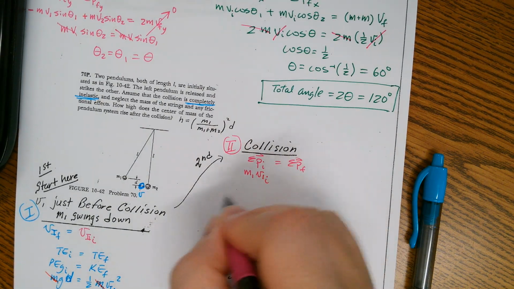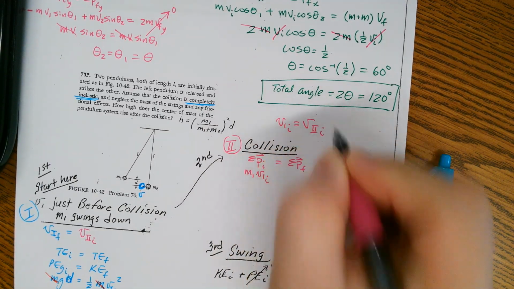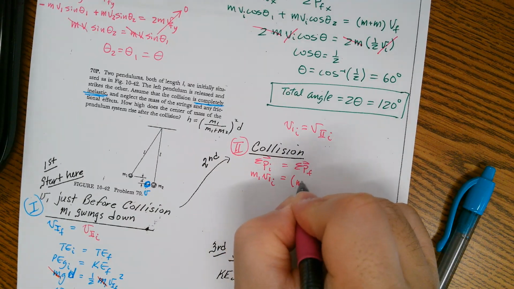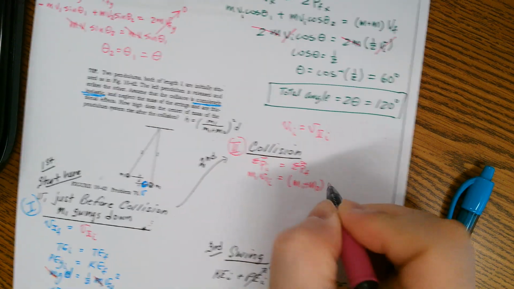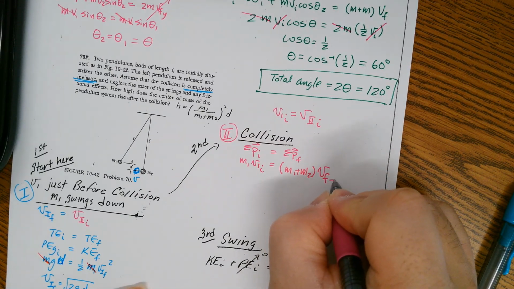This v1 initial is equal to v phase 2 initial, they're the same thing. That equals m1 plus m2 times v final of phase 2.